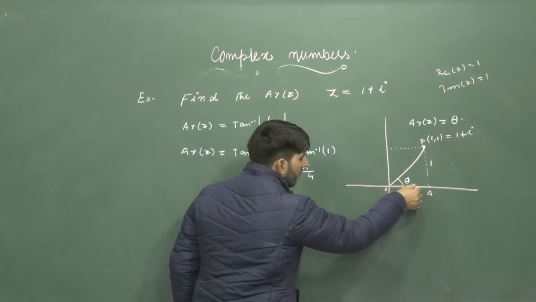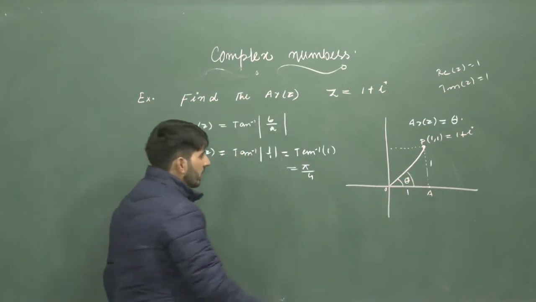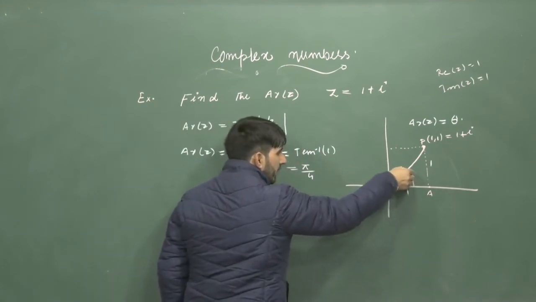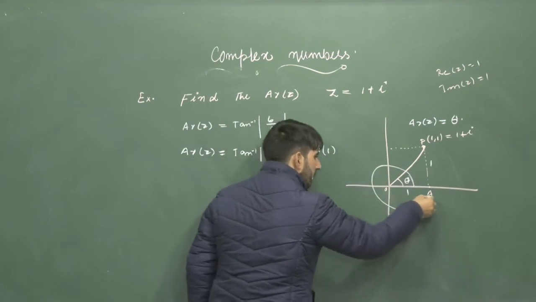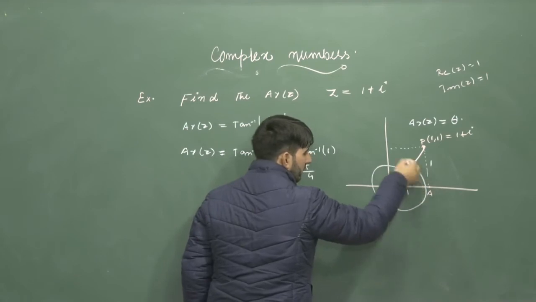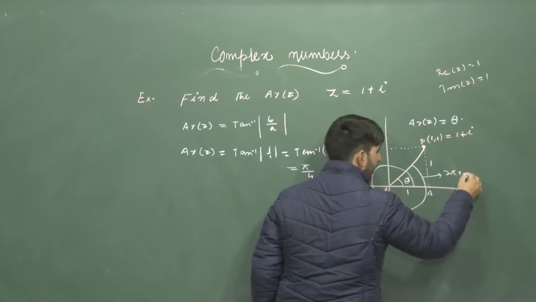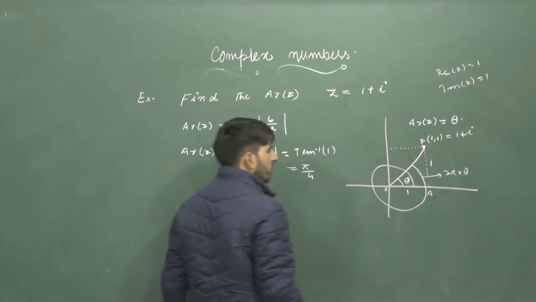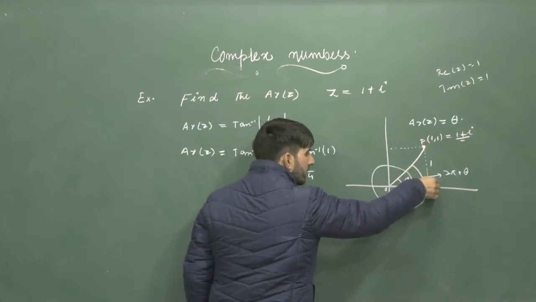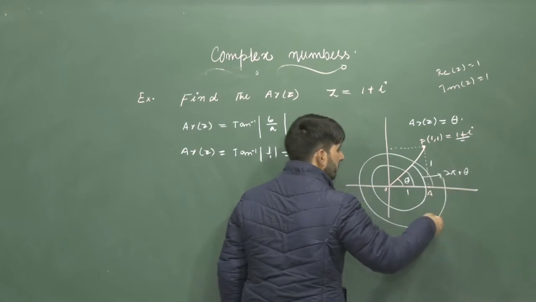So this is the argument. Because this angle also, this angle is 2 pi plus theta. This is also the argument of this complex number.